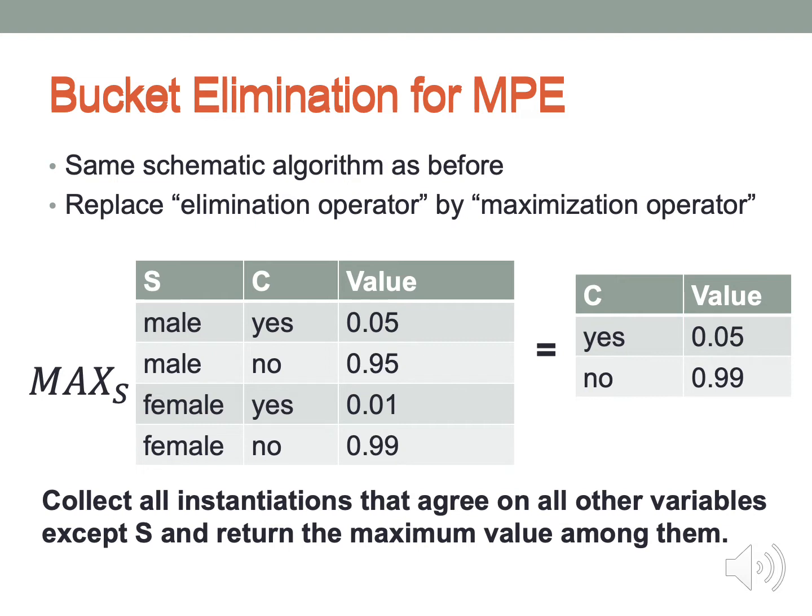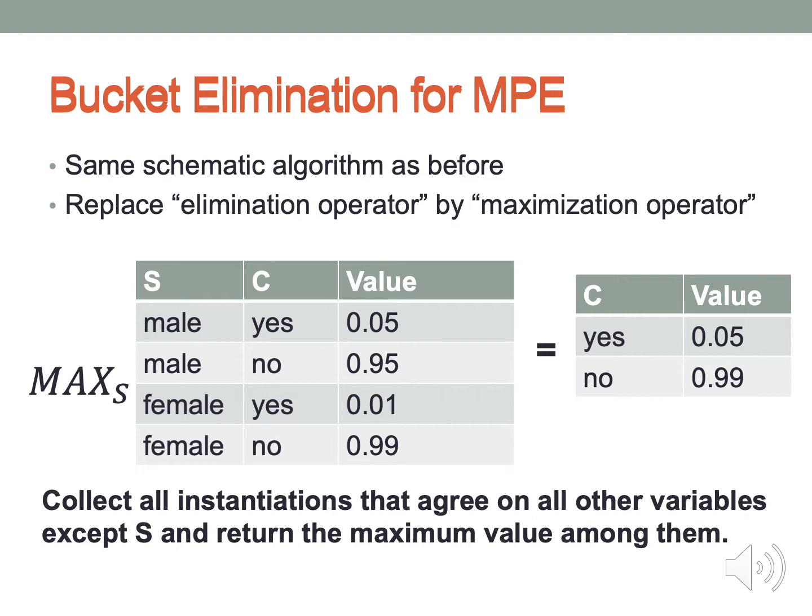As you can see, S has two possible instantiations, male and female. So in order to compute the max out of this function over S, we fix the value of C to yes, and we max over S equals male and S equals female. If you look at the function, we get the value 0.05.